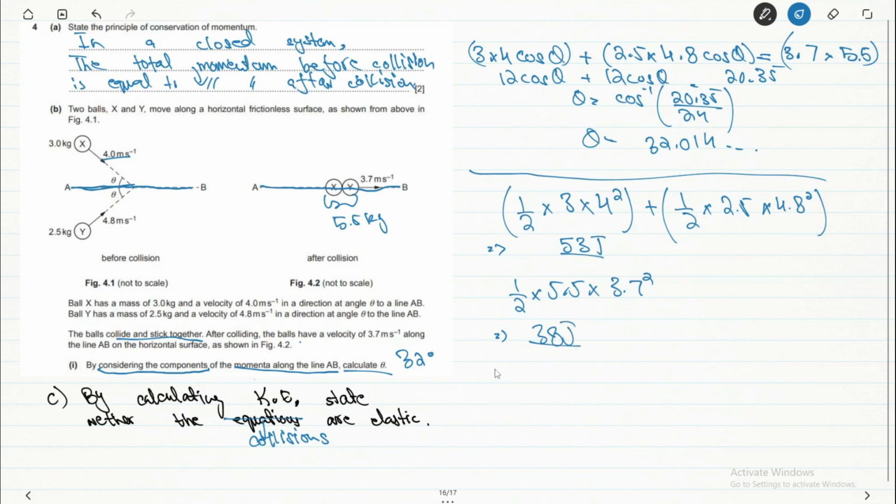So you have to say that the collision is inelastic because KE changes or decreases during the collision, right?